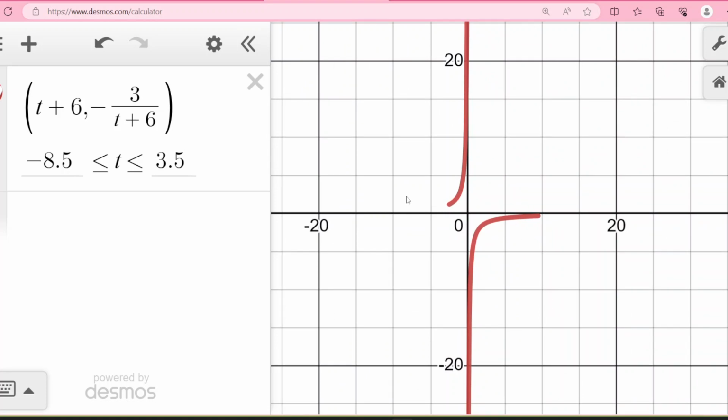All right, so now when t is negative 8.5, we'd start at the point where x is negative 2.5, so that would be this point on the far left here. And as t increases, the x coordinate's going to go up, so we're going left to right. We'd have to be going left to right on this curve. So we're going to see this curve here with arrows going from left to right on it.